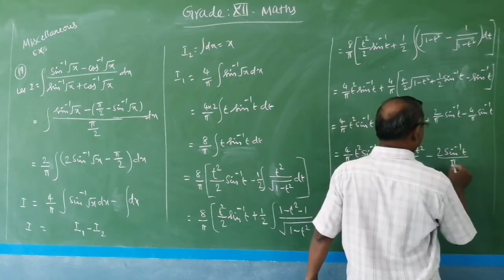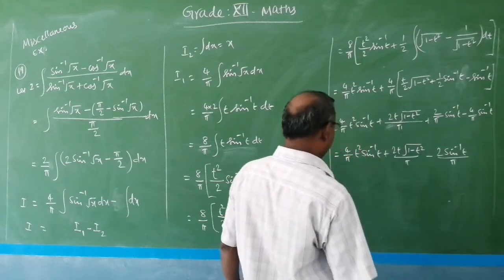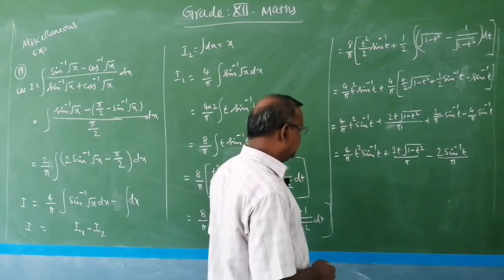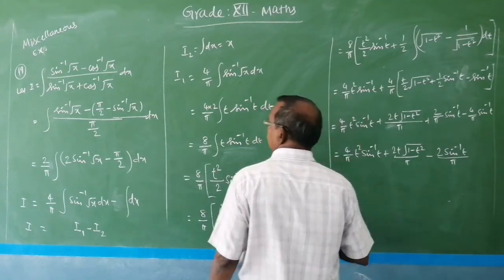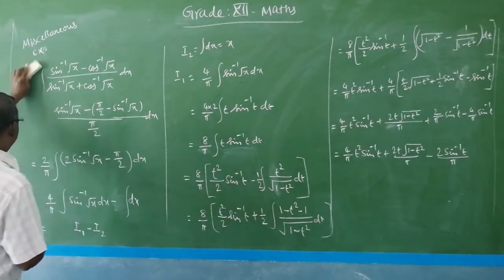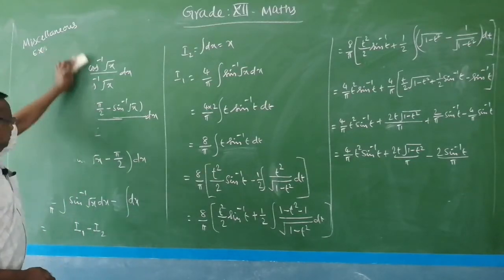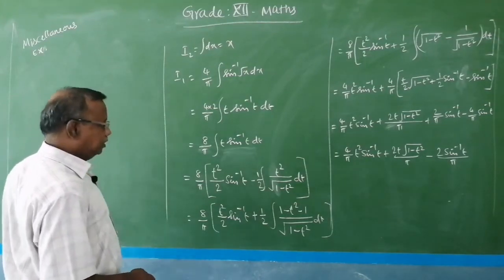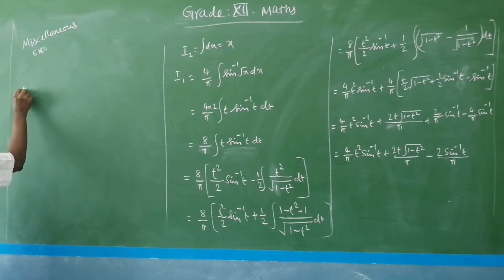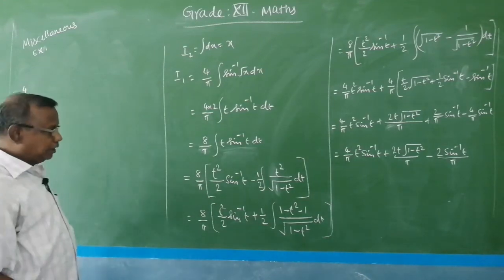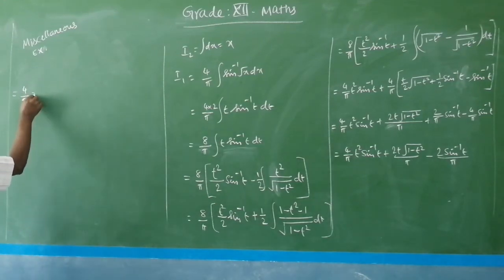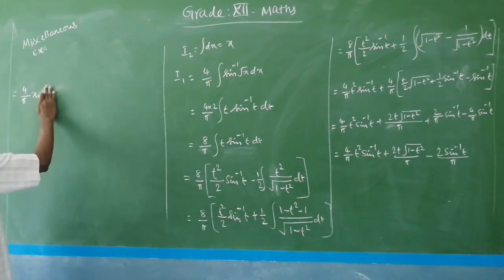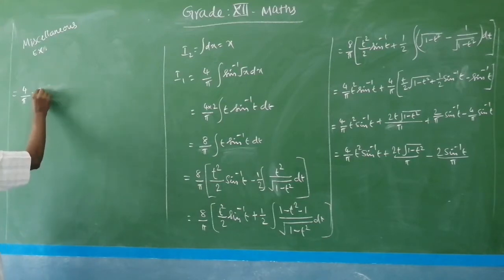of t by pi. Now we have to recall the value for t and t square. We know that t equal to root x and t square equal to x. That is equal to 4 by pi, t square means x, x into sin inverse of t means sin inverse of root x.